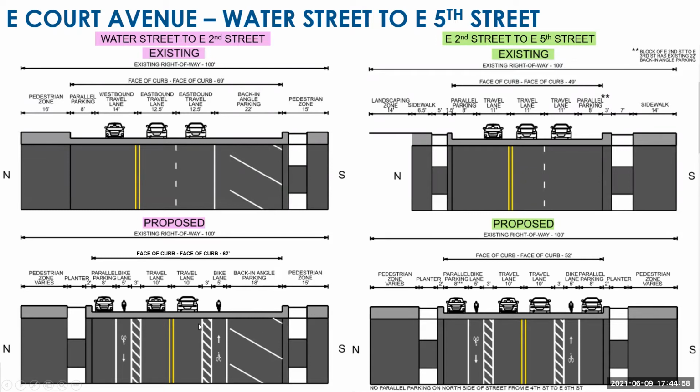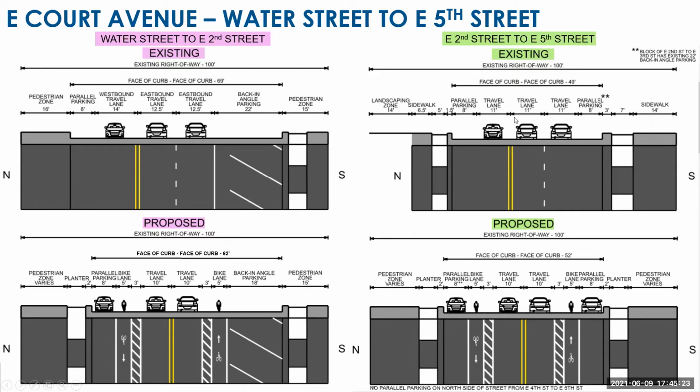And we'll be reallocating some of that space to buffered bike lanes. So you'd have a 5-foot bike lane with a 3-foot buffer, narrowing the travel lanes from 12.5 or 14 feet down to 10 feet to try to slow drivers down. And we'll be maintaining that parallel parking on the north side. I'll walk through the detail on the next slide as well.